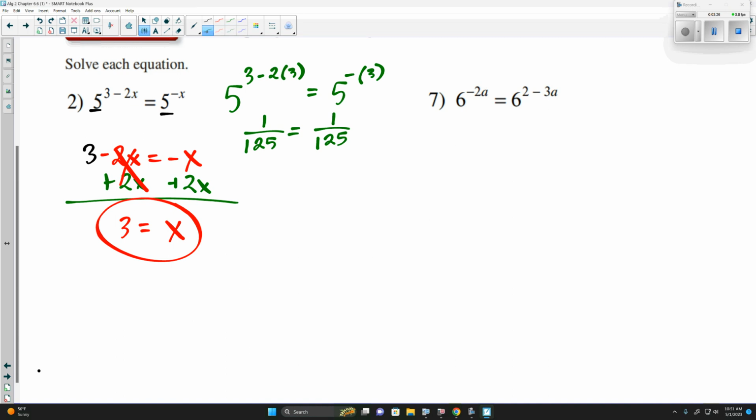Now we're going to look at the next one. 6 to the negative 2a is equal to 6 to the 2 minus 3a. Since the bases are the same, guys, the exponents must be also. So at this point here, we need to solve.